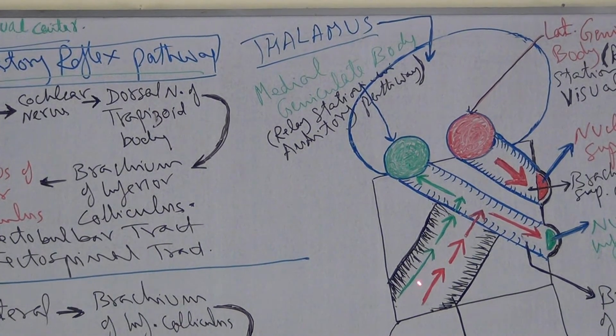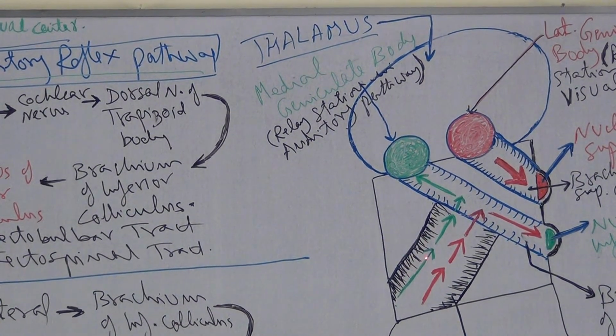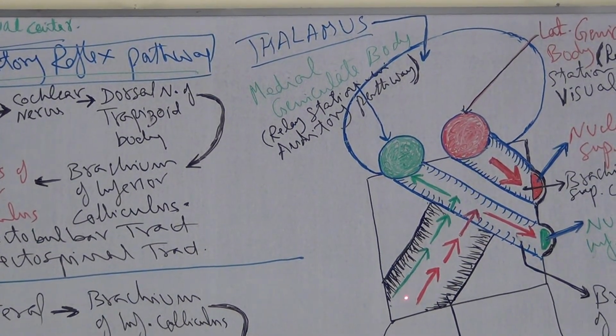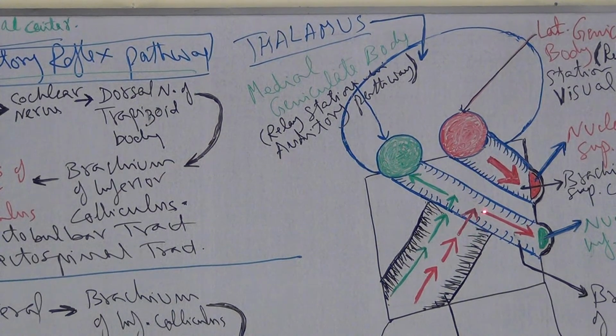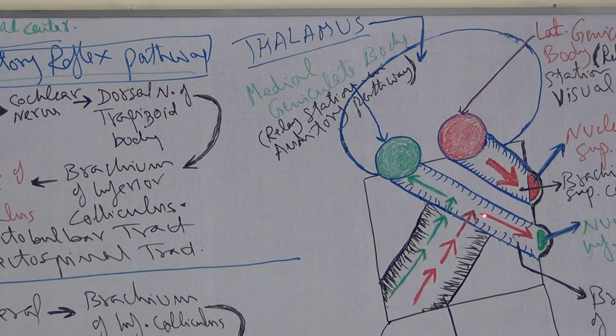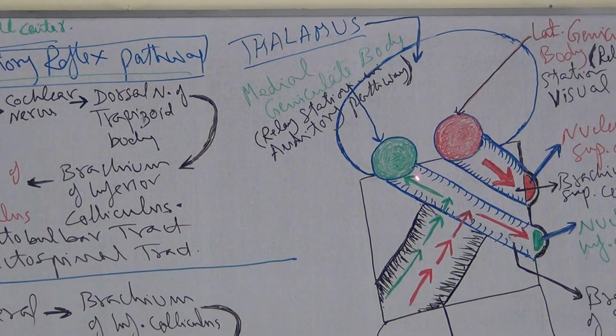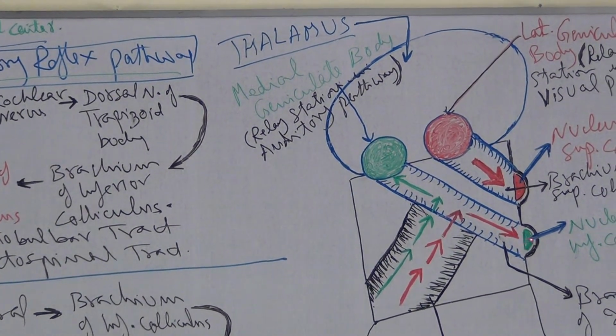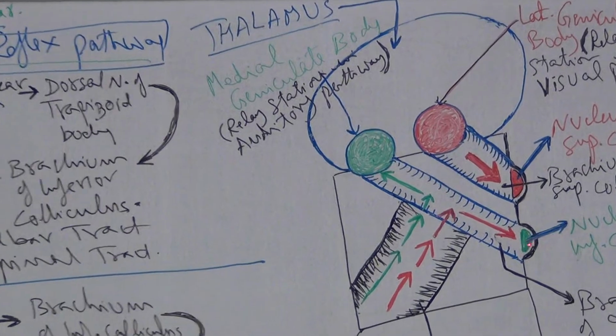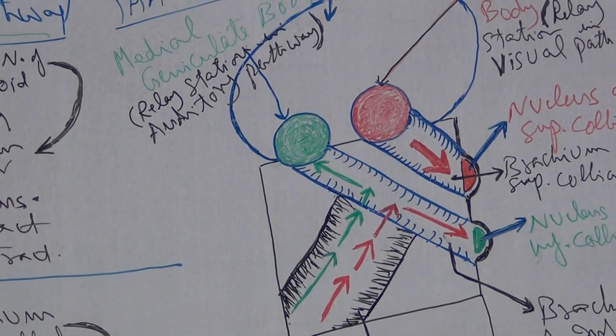Now, apart from the fibers of the auditory pathway, there are fibers of the auditory reflex pathway also, which pass through the lateral lemniscus. These fibers enter the brachium of inferior colliculus, and instead of passing to the medial geniculate body, these fibers approach and relay in the nucleus of inferior colliculus, which is meant for the auditory reflex pathway.